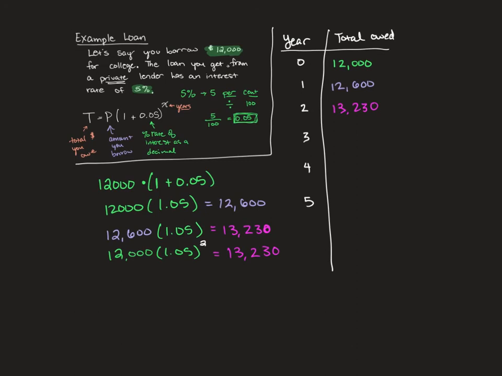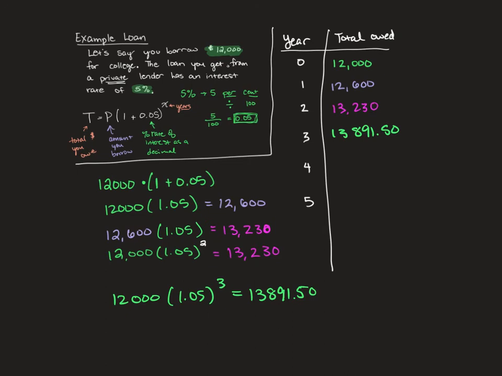So if I want to get these three, here's how I can do it. I can just take 12,000, multiply by 1.05, and raise that to the third power. That gets me 13,891.5, so that's like 50 cents. So now I owe 13,891.50.